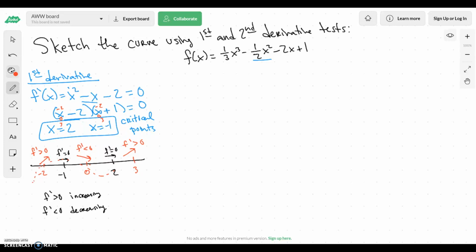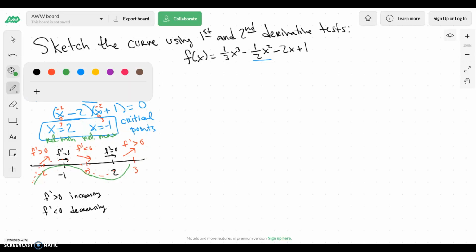Now that I know this is increasing and then decreasing here, and then decreasing and then increasing here, at x equals -1, I actually have a relative max. At x equals 2, I actually have a relative minimum. If I wanted to figure out what those values are, I would just plug them into f. Now let's go ahead and do the second derivative test. This is going to be the second derivative.